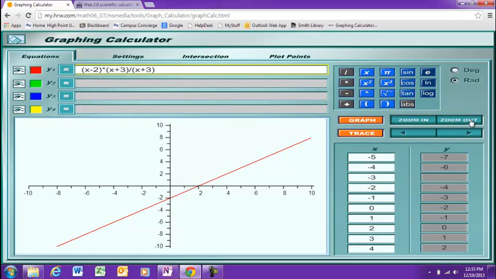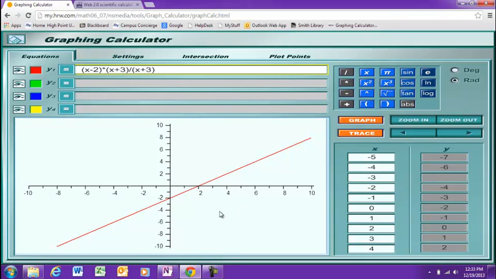When I zoom out, all I get is this straight line. And I was saying that we have a problem with continuity at x equals -3, but when you look at the graph here, it doesn't seem like there is any problem. It looks really just like a straight line. When you come over here and look at the table of values, you notice an issue. At -3, it's not giving you any number here.